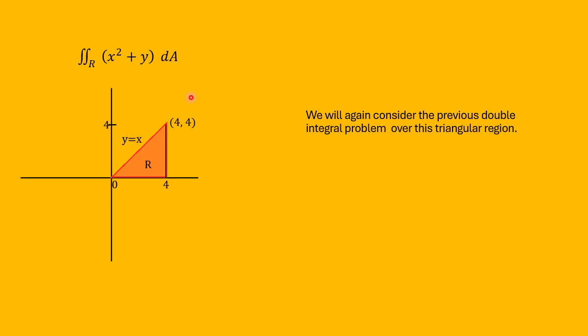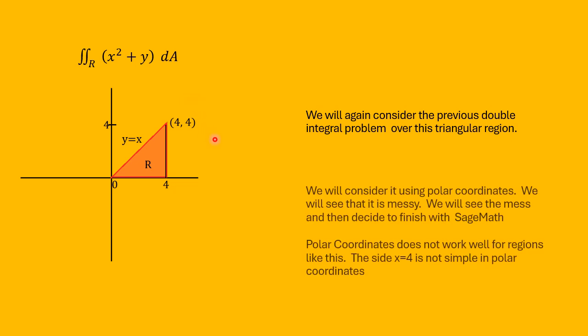But now, instead of using rectangular coordinates, we're going to do something kind of idiotic. We're going to integrate using polar coordinates. We'll take this double integral, which has a particular value, and it's the same value whether you use polar coordinates or rectangular coordinates or any other coordinates, but we'll try to evaluate it using polar coordinates.